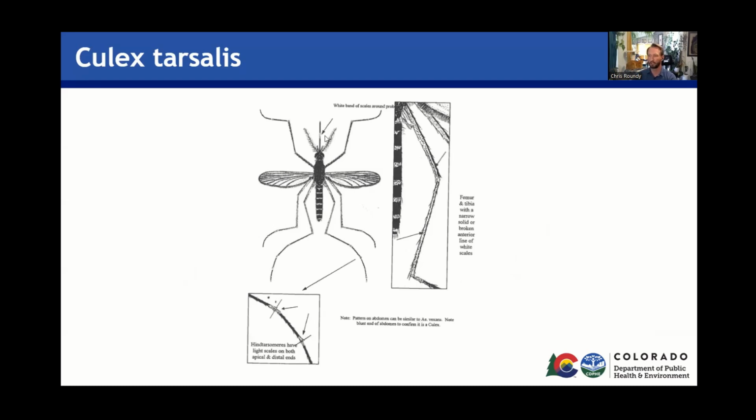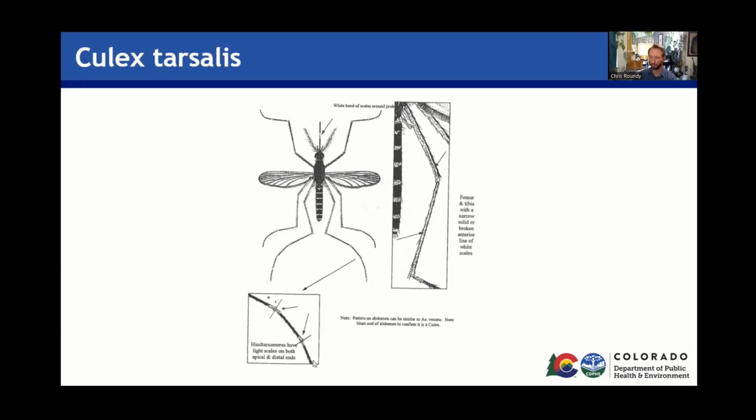So if you know you're looking at a Culex, take a look at its proboscis. The tarsalis mosquitoes have a stripe of pale coloring about halfway down the proboscis. And this makes them unique among Colorado Culex.